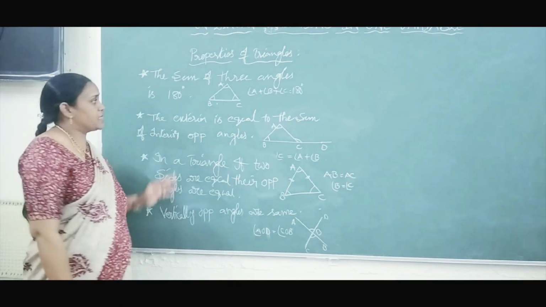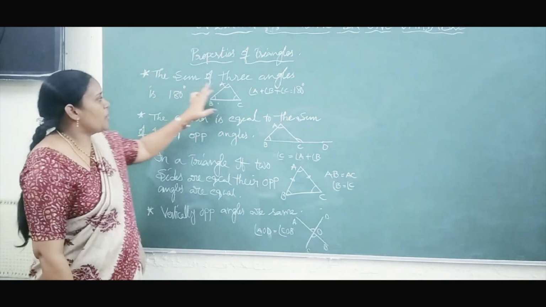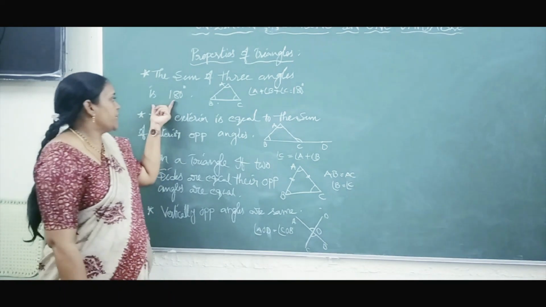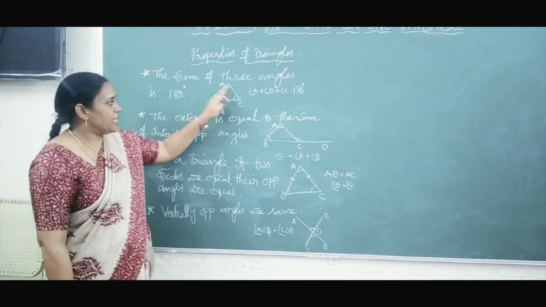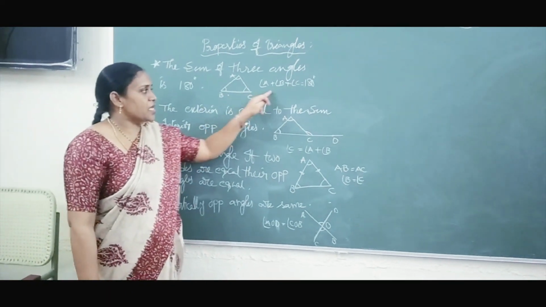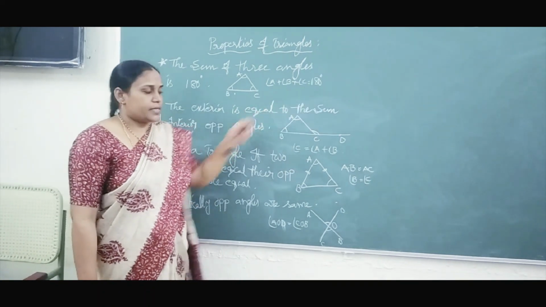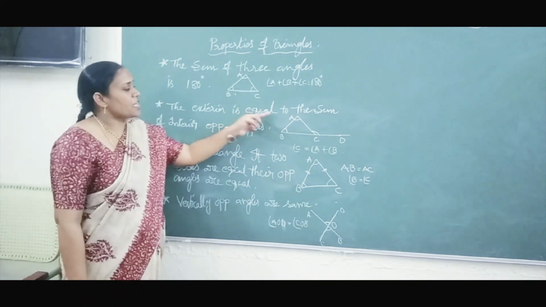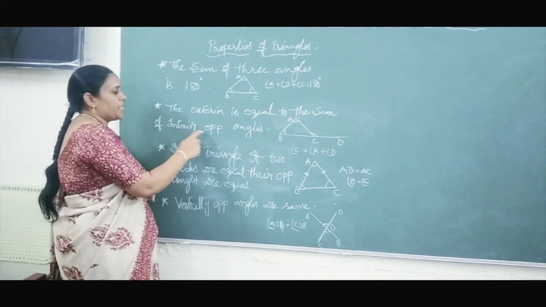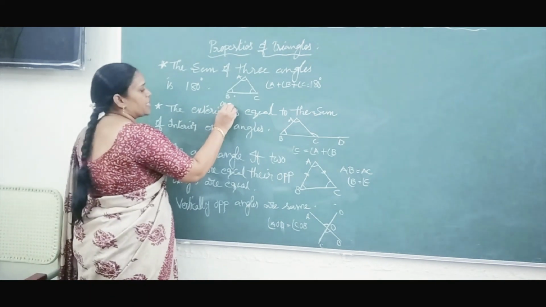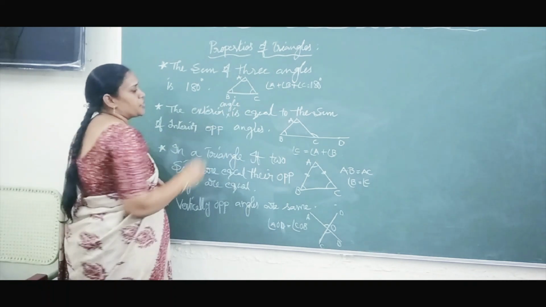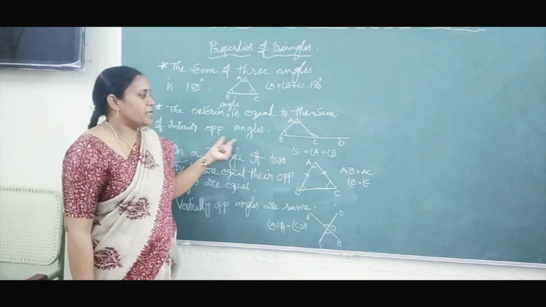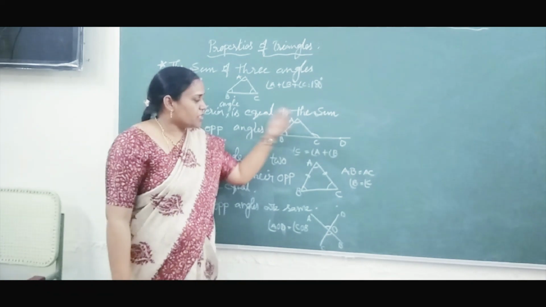First, the sum of three angles is 180 degrees, that is, angle A plus angle B plus angle C equals 180 degrees. Second property, the exterior angle is equal to the sum of interior opposite angles. Exterior angle means outside the triangle.